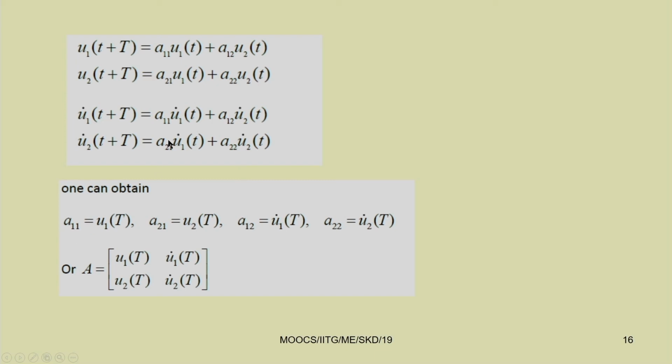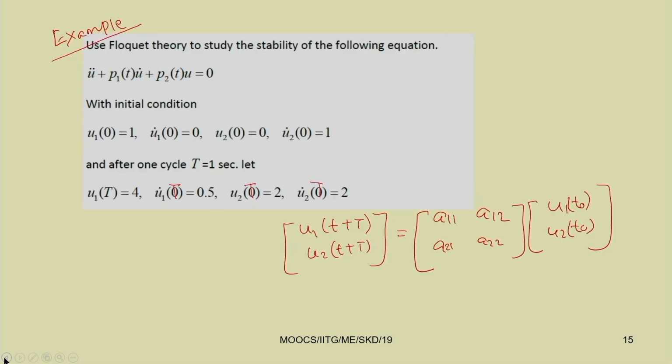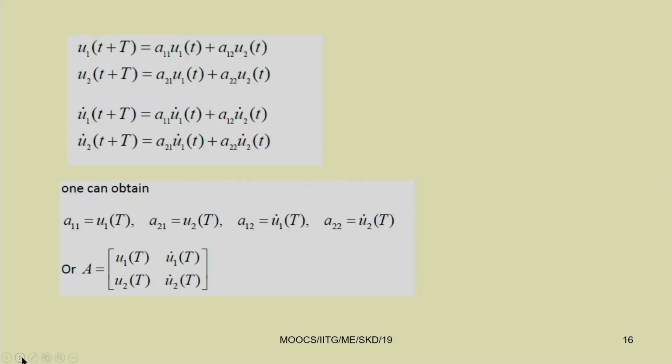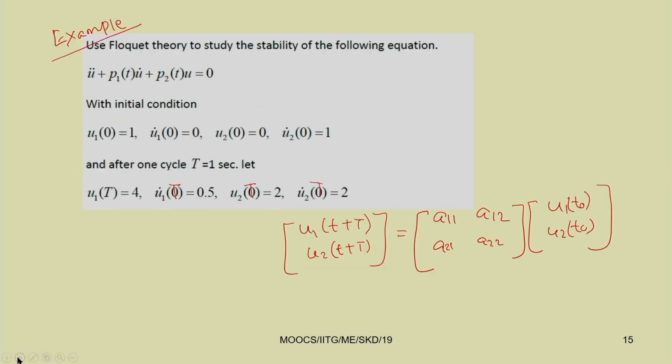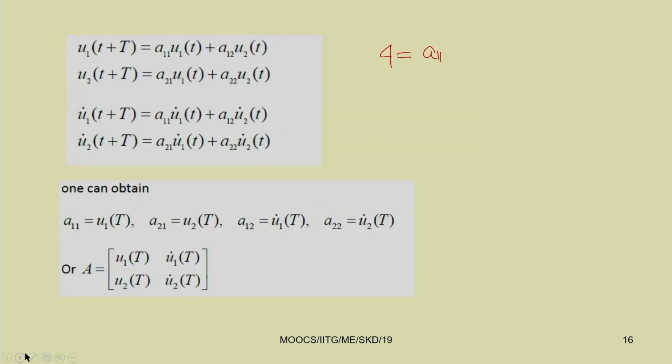By solving this, for example, let us take u1(t+T) after one cycle. The u1 value is given to be 4. So, 4 equal to a11 into u1(t0), and u1 at t equal to 0 is equal to 1, so a11 into 1, plus a12 into u2(t0).